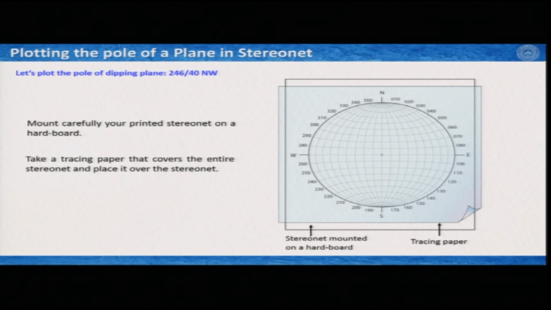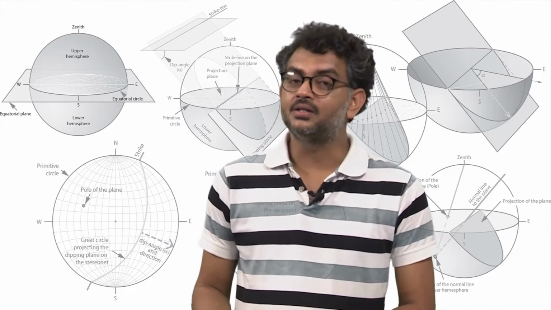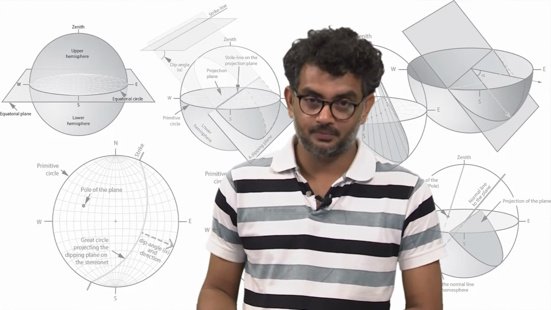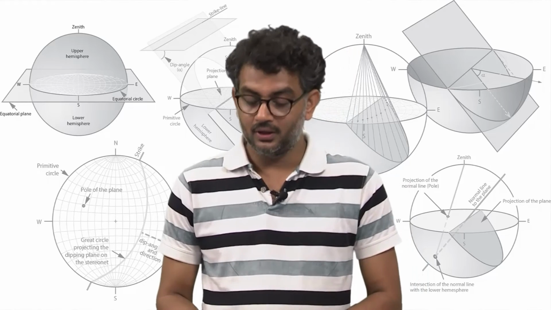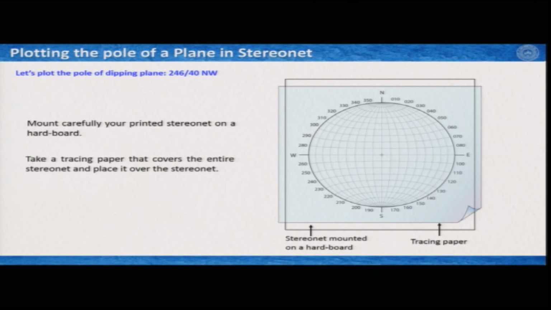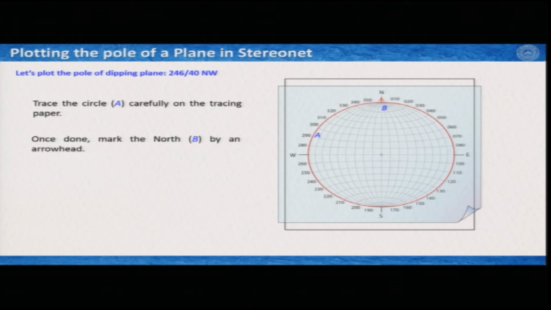That means, the strike is 246 degrees, 40 degrees is the dip angle and it is dipping towards northwest. We will follow the similar procedure, that means we will mount the stereo net on a hardboard, we find a tracing paper and cover the entire stereo net with the tracing paper. Next stage is to trace the primitive circle on the tracing paper and mark the north on the tracing paper, which is point B in this illustration.